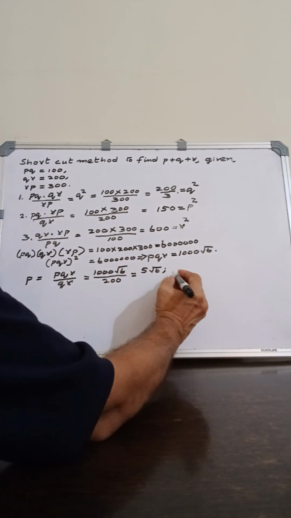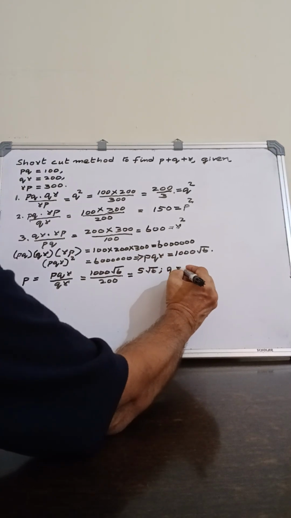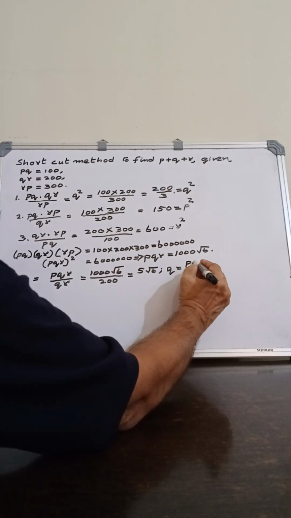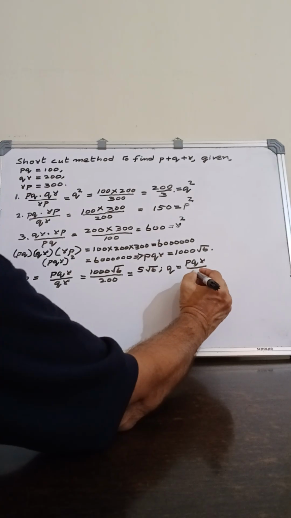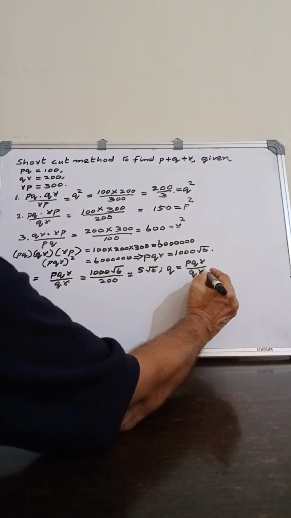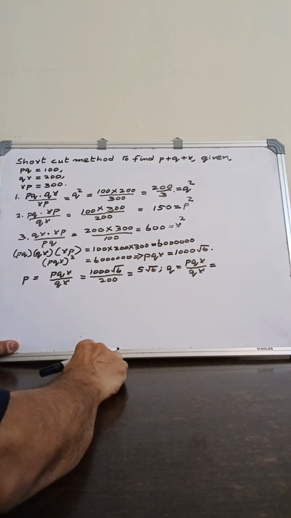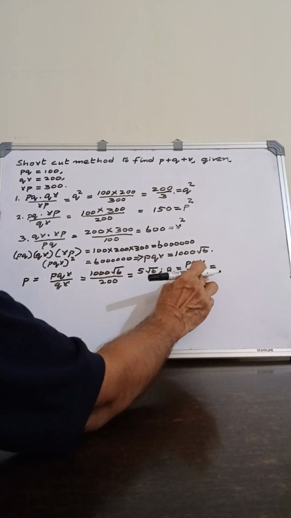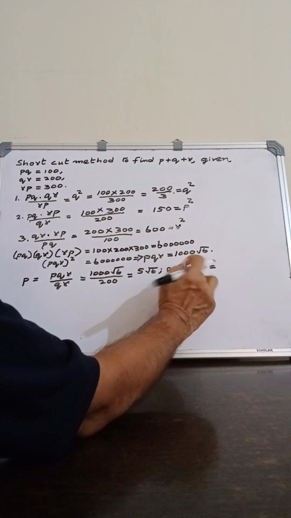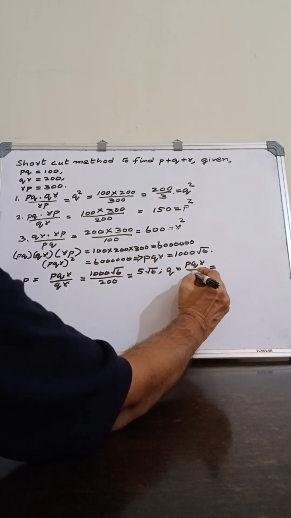Next, Q we can find out. Q equals PQR divided by RP.